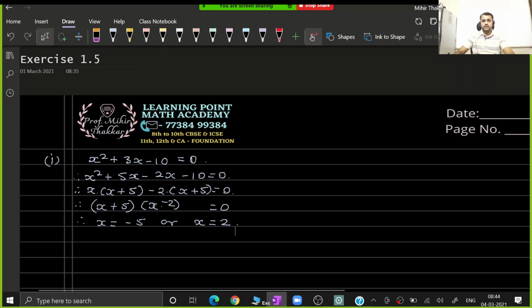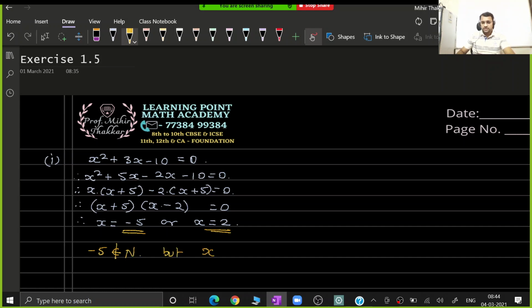So now over here I can observe one very important point, that x has two values, negative 5 and 2. Now negative 5 does not belong to natural numbers, but 2 definitely belongs to the natural numbers.